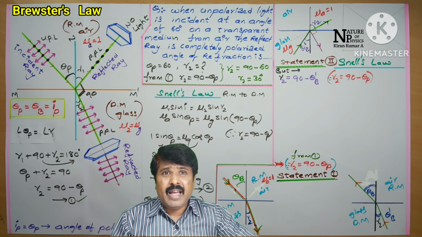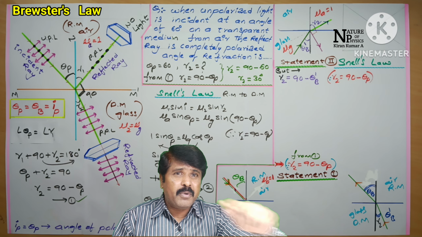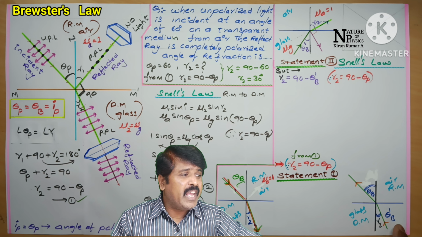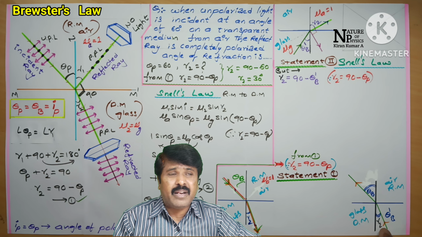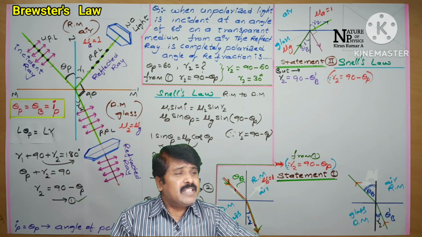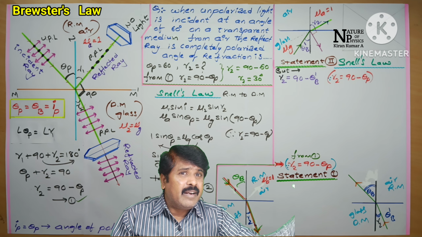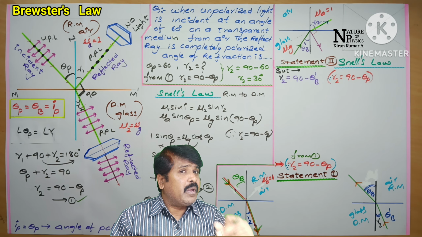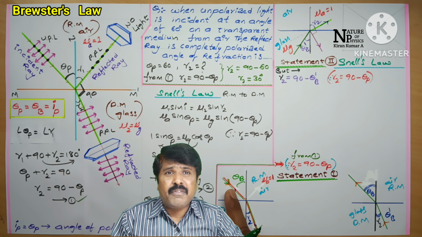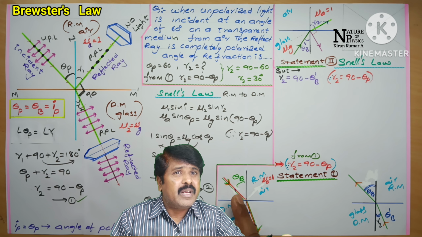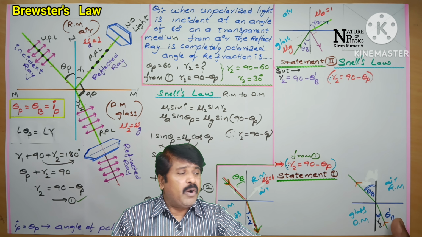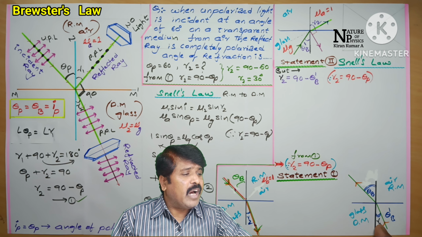So here light is traveling from denser medium to rarer medium, so I am considering the Brewster angle as theta b dash, because we have to find theta b dash, which is equal to R2.